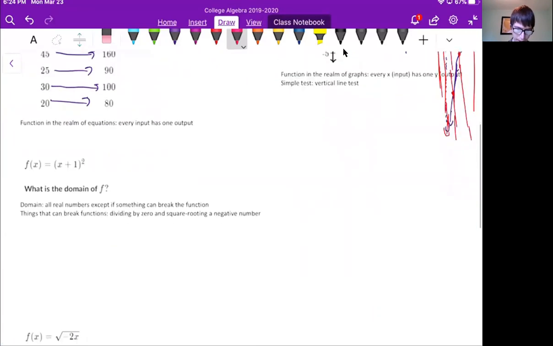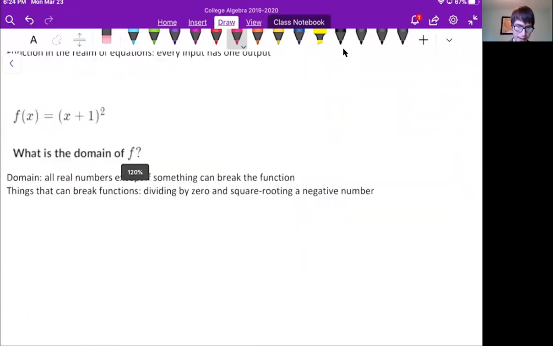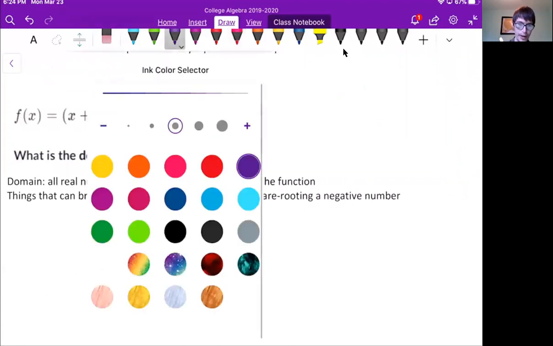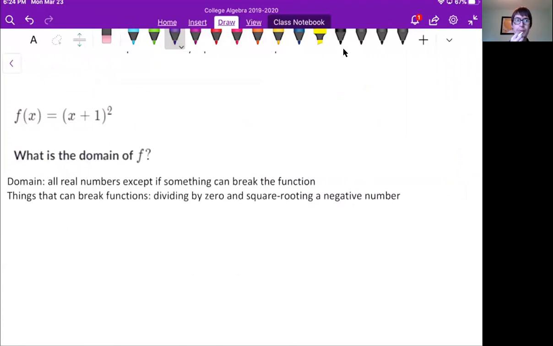These next 2 problems are about domain specifically. In order to really get to domain, remember what we were saying before about what domain is. Domain is always going to be all real numbers unless you break the function.